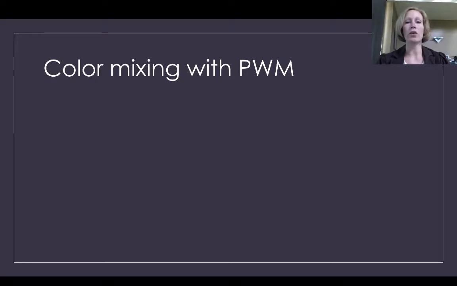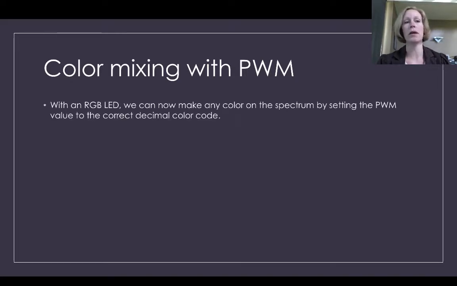So I can use pulse width modulation to mix colors and actually create a whole spectrum of colors. With the RGB LED, we can make any color in the spectrum by setting the pulse width modulation value to the correct decimal code for that color.